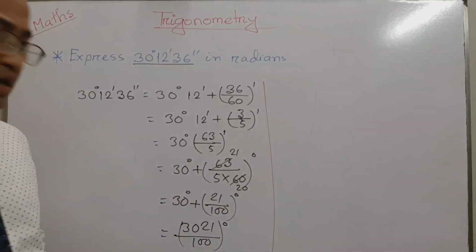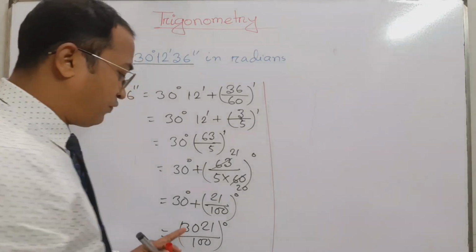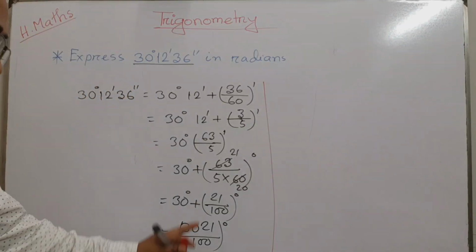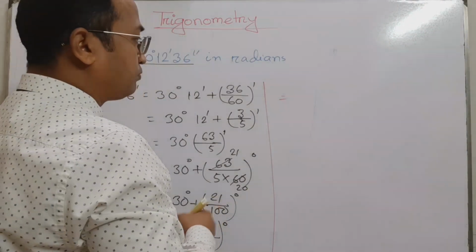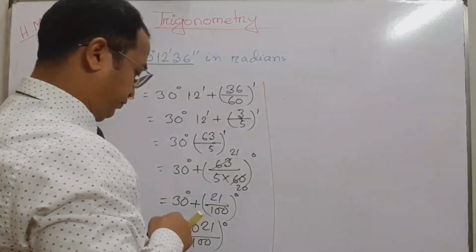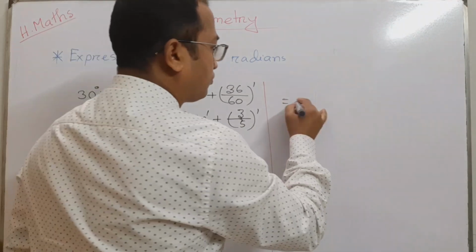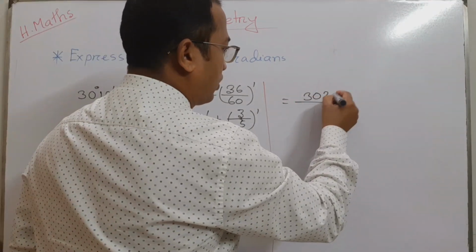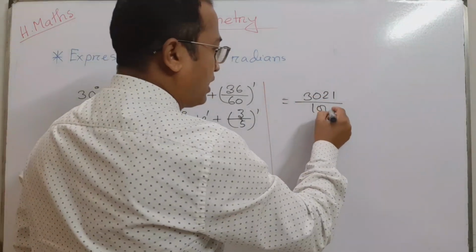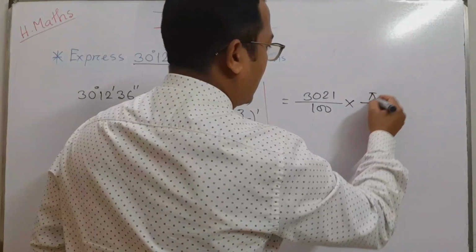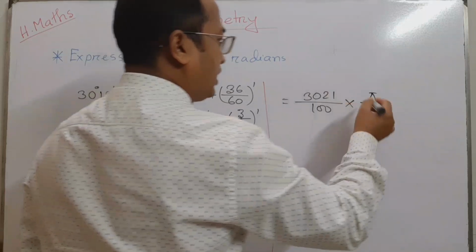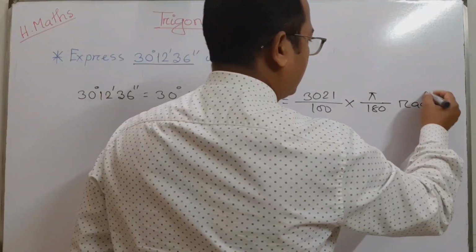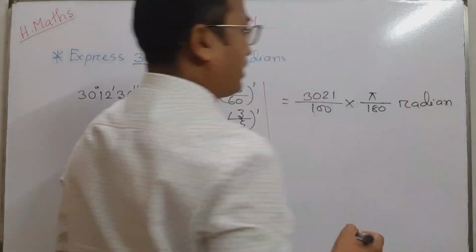Now we know 1 degree is equal to pi by 180 radian. So 3021 by 100 degree is equal to 3021 by 100 into pi by 180 radian.